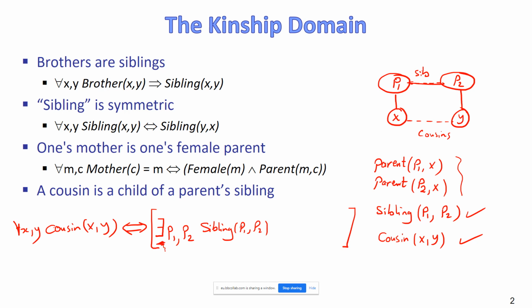We used the existential quantifier here because for these two cousins there are two parents, right? So that's why we said that they exist here, P1 and P2, and you said that P1 and P2 are siblings. But that's not enough for x and y to be cousins. What is missing now? Yeah, these two are missing, right? So how can we add them here?